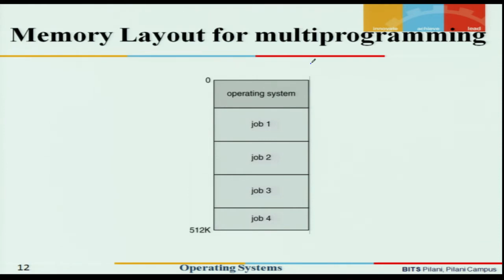So the issue becomes more complicated where sharing is required. That would mean that job 1 should be able to access certain areas belonging to job 2, and job 2 should be able to access certain areas belonging to job 1. So we can see that in case of multi-programming, the memory management requirements are going to change.